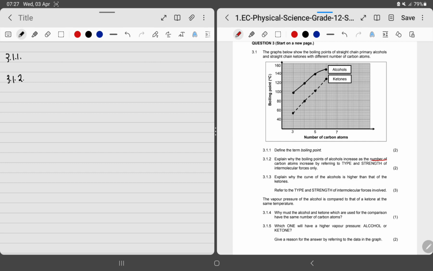An increase in chain length increases the strength of the intermolecular forces.